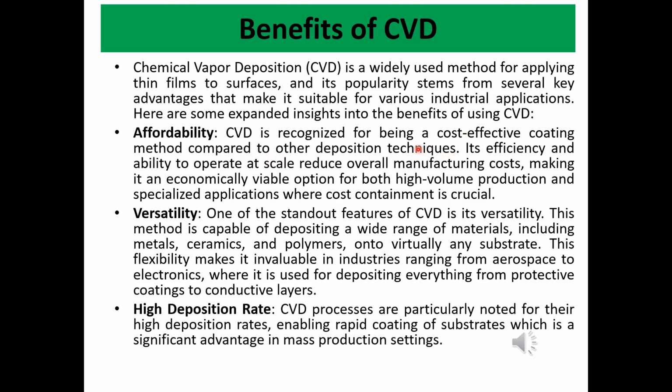For example, if we are going to deposit thin films of silicon carbide, one method is that we take the silicon carbide and just heat and convert it into vapors and then collect the vapors on a substrate to get the thin films of silicon carbide. But for this purpose, we need very high temperature.